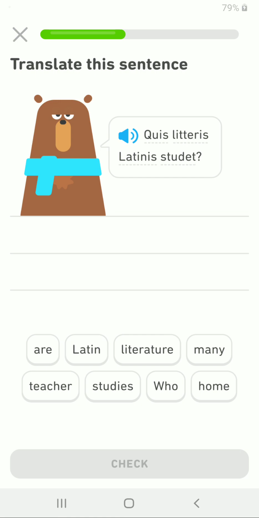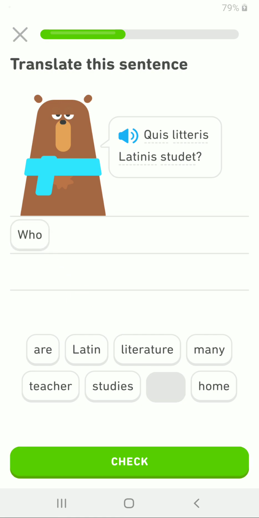Quis litteris latinis studet? Here we also do not see litteras latinas or something like that. We see litteris latinis.